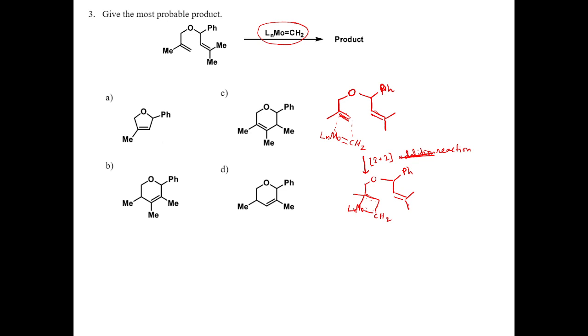Okay, so after that what will happen, this bond will be cleaved, so you can call it retro 2+2, just the opposite of this, because this bond is so strained, right? I mean, if you know this thing, a three-member ring or four-member ring is very strained. So it will break apart.